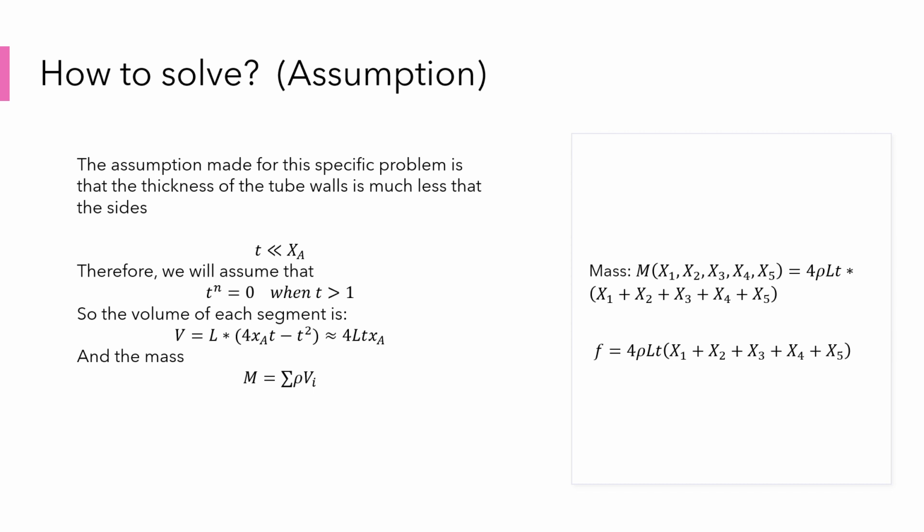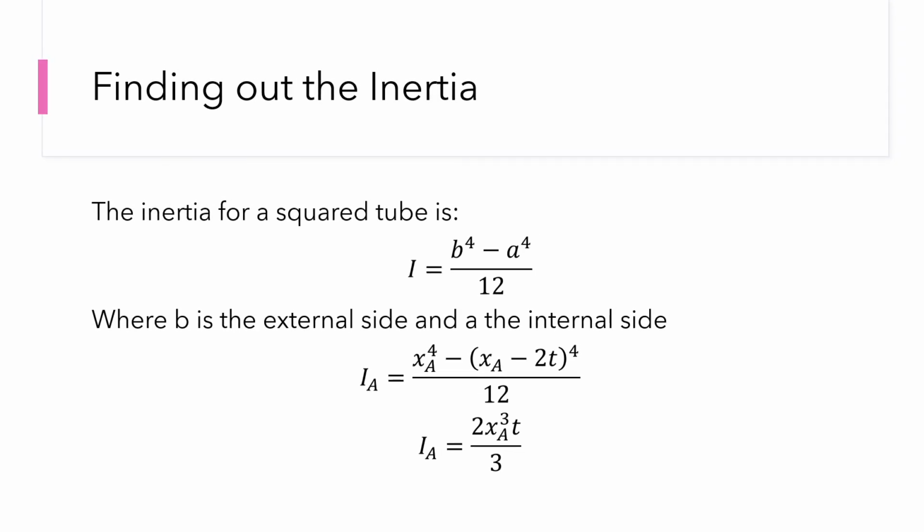And so we will have the function f, which is on the right side. This function is the one that we are trying to minimize, but we need a condition. And we know that the condition is in terms of the deflection of the beam, so we need to first calculate the inertia that we are going to use in the following steps.